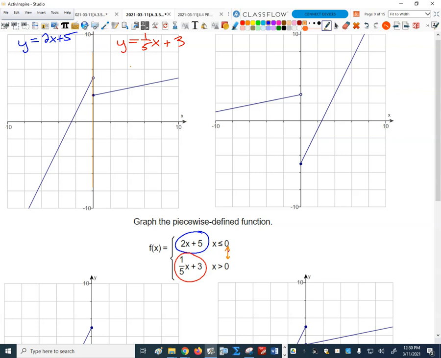Well, let's check this line. For the blue line, type in chat for me, what are the values of the slope and the y-intercept, M and B, for the blue equation? Y equals 2x plus 5. What are the values of M and B? Slope and y-intercept, right? And I don't mean the graph, I just mean this equation right here.